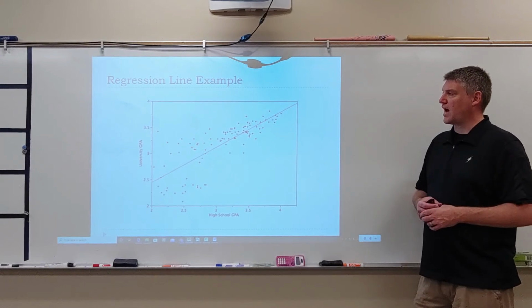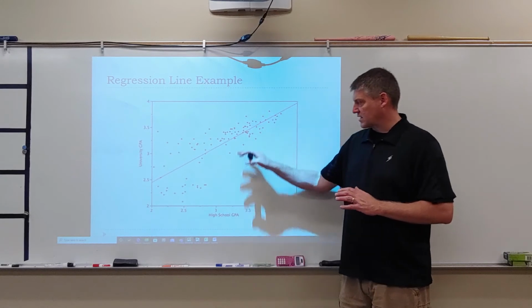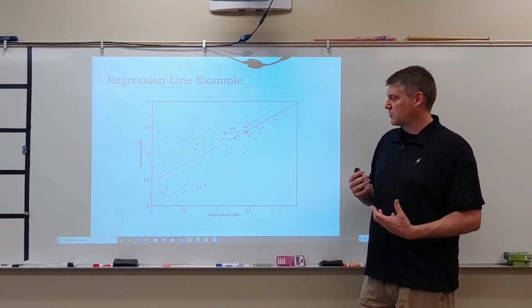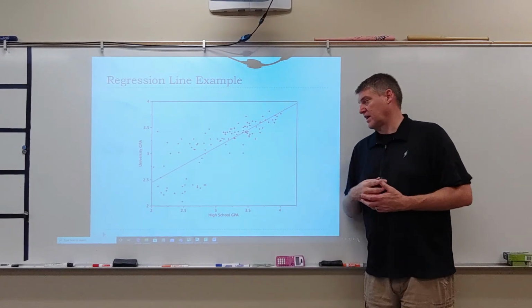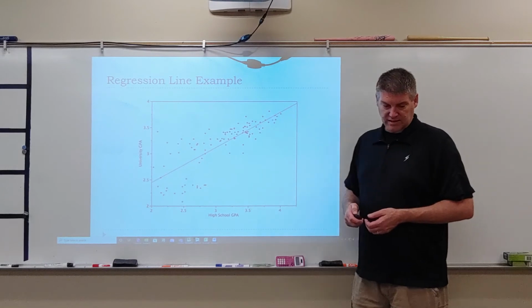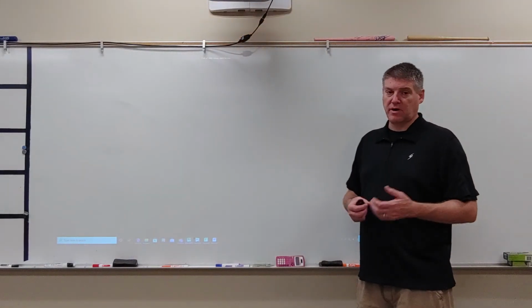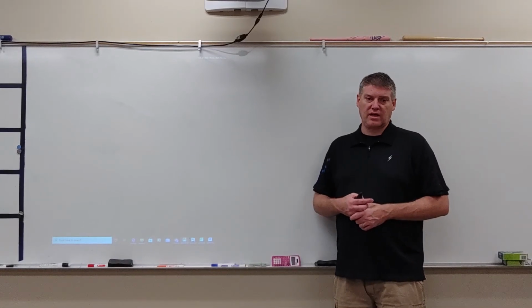This is just an example of a regression line. Here's our data. They plugged this into a computer program, got this line here, and developed from there. So that's a real introduction to scatter plots, correlation, and regression.